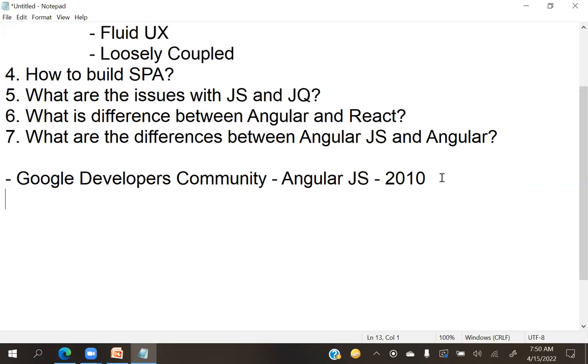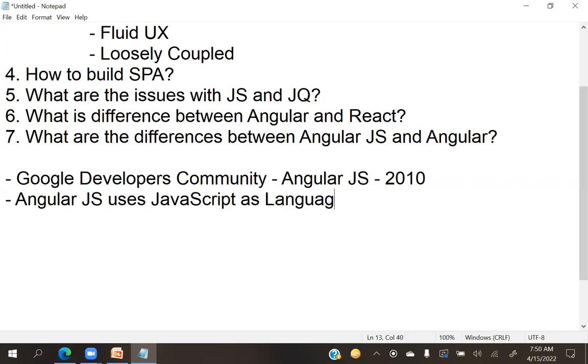But what is the problem with AngularJS? AngularJS uses JavaScript as its language. AngularJS is a framework which needs a language, and it uses JavaScript. What is the problem in JavaScript? JavaScript means DOM manipulations.